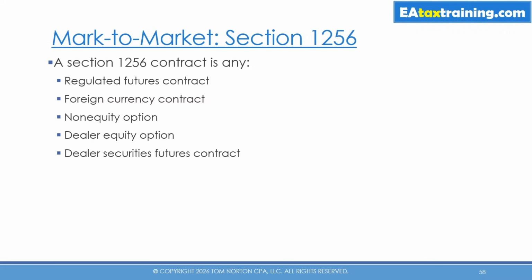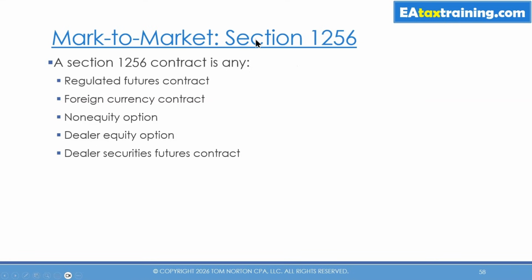Section 1256 contracts. For these special types of contracts called Section 1256 contracts, everybody has to use mark-to-market. Doesn't matter if you're an investor, trader, or dealer. And it is any of these listed on the slide: regulated futures contract, foreign currency contract, non-equity option, dealer equity option, and dealer securities futures contract.